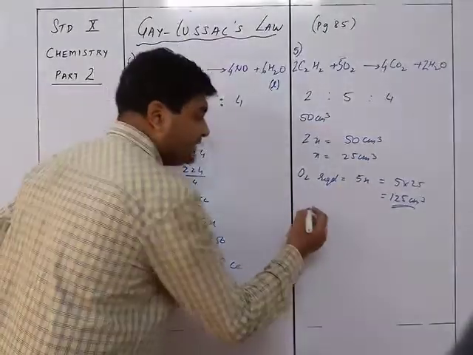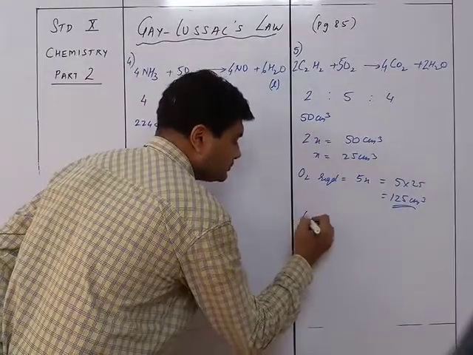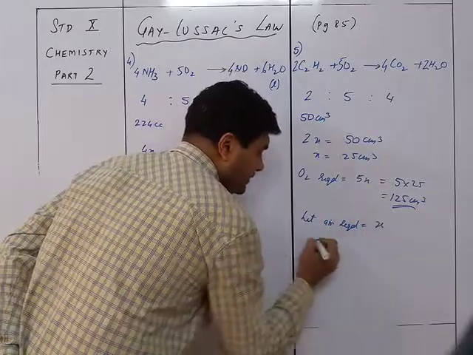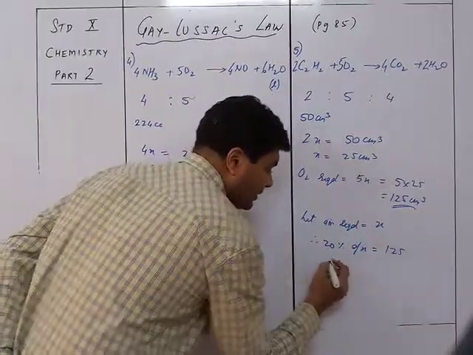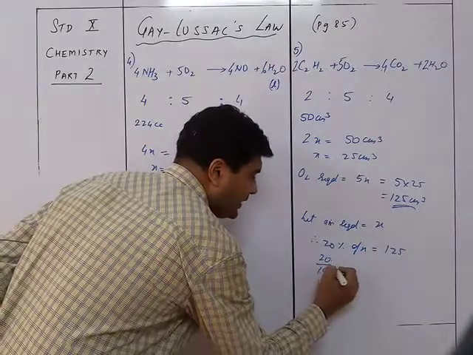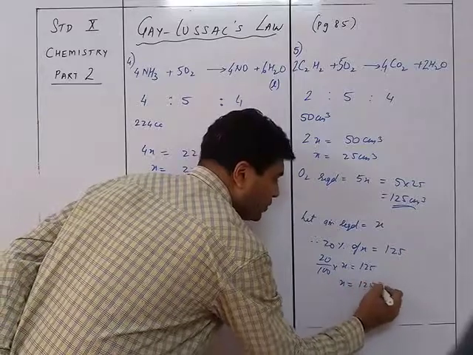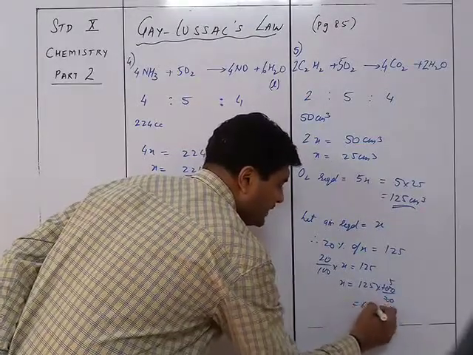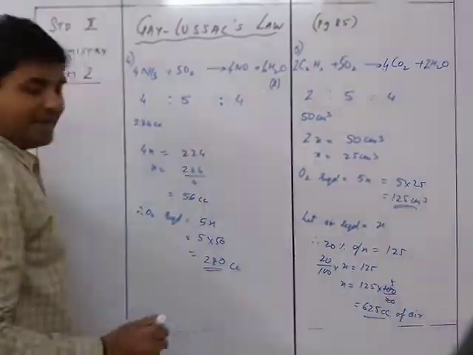So let air required be x. Therefore 20% of x equals 125. So 20 upon 100 into x equals 125. X equals 125 into 100 upon 20. That's going to give you 625 cc of air will be utilized.